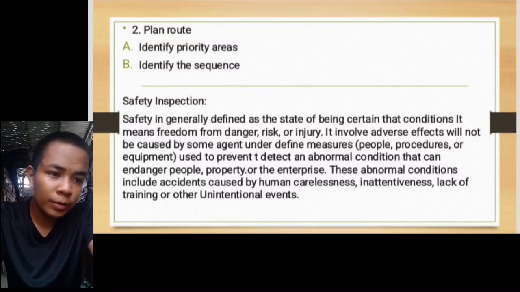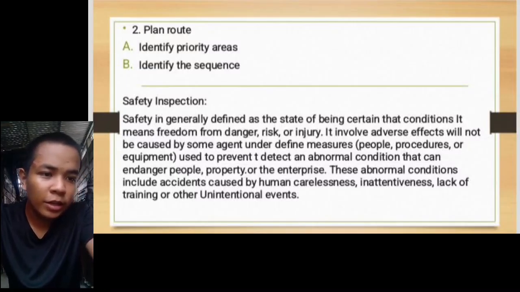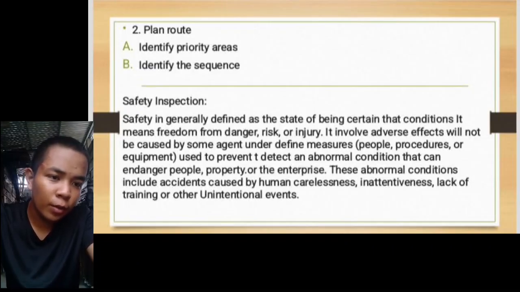Safety is generally defined as the state of being free from danger, risk, or injury. Its adverse effect will not be caused by any agent when proper safety measures, such as training people, establishing procedures or safety equipment, are in place.